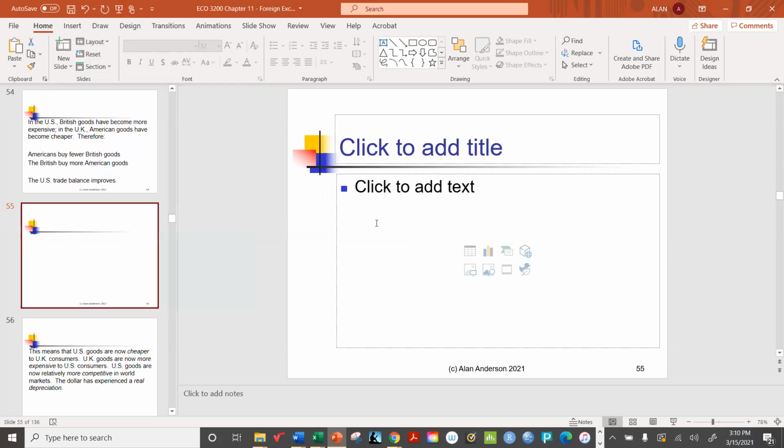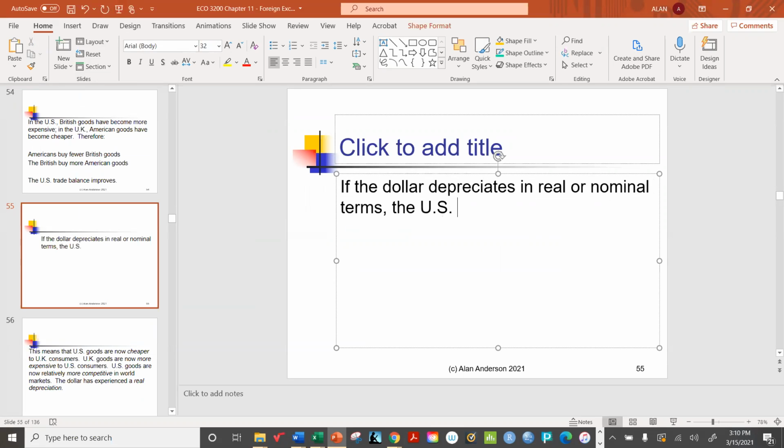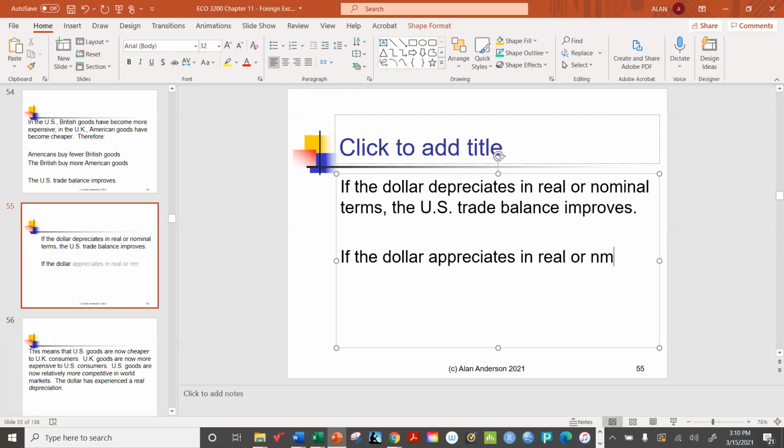So what we're going to do here is make the following claim. If the dollar depreciates in real or nominal terms, the U.S. trade balance improves, which implies, of course, the opposite too. If the dollar appreciates in real or nominal terms, the U.S. trade balance, of course, worsens.